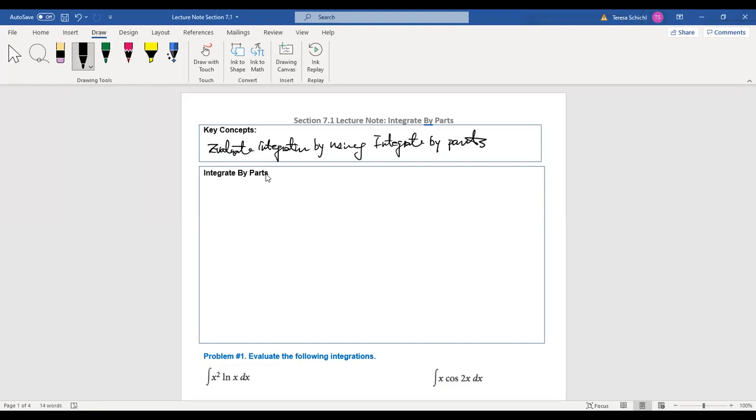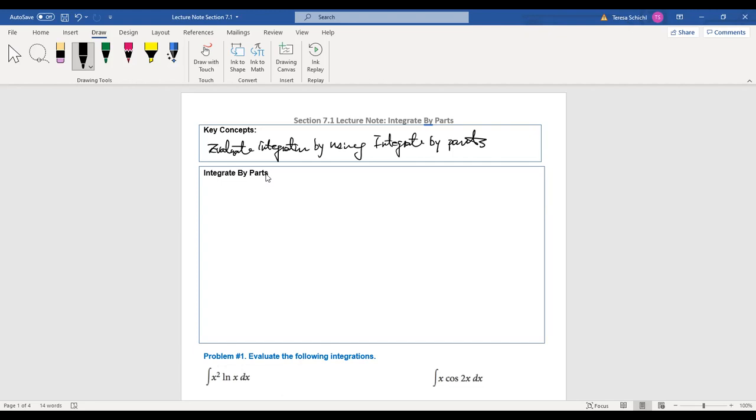For the first video, I'm going to talk in general about what integration by parts is, what the formula is, and how we apply the formula to carry out the integration.